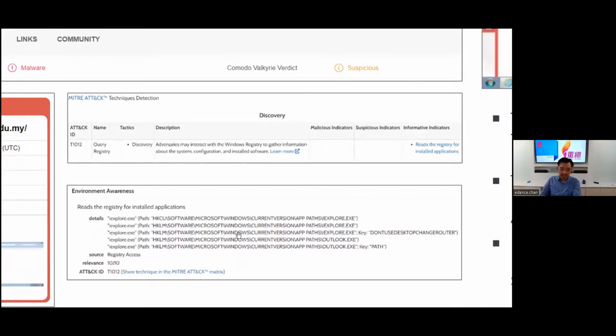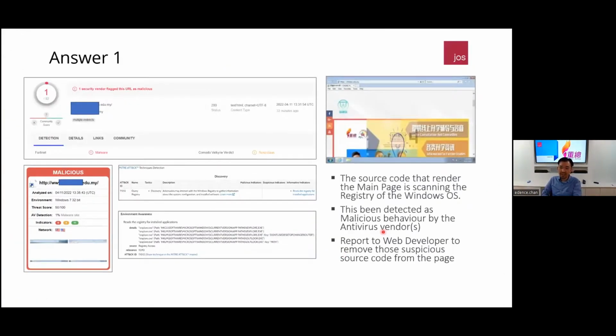When a user accesses your portal, the malicious code goes through Internet Explorer to scan the PC about what version is running and the path the browser is running. We usually don't do this if it is a legitimate website. So from here, we can confirm the website is already compromised.